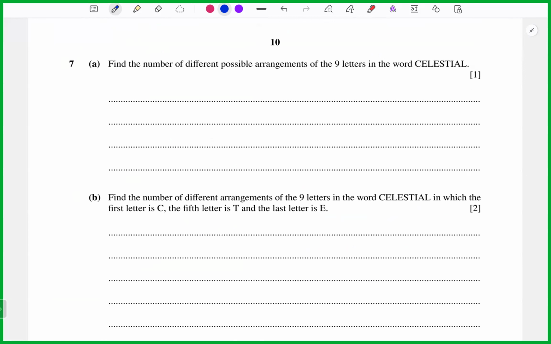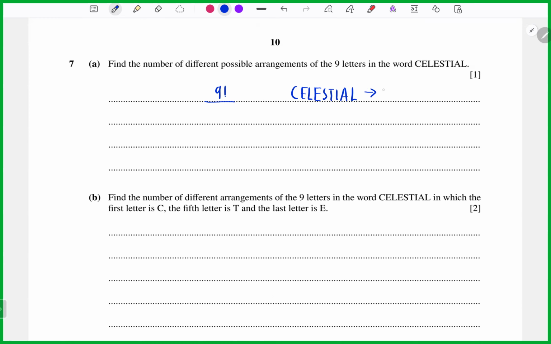Find the number of different possible arrangements of the 9 letters in the word crystals. Okay, so 9 letters, so we can take 9 factorial over, and now let's analyze.